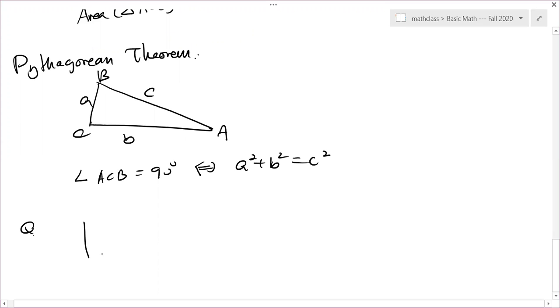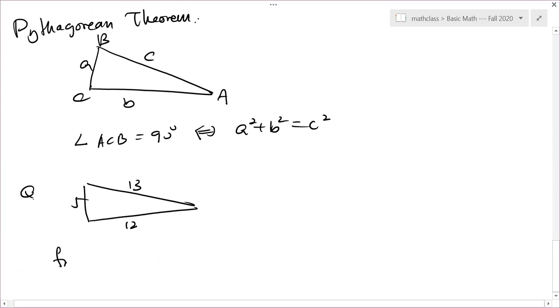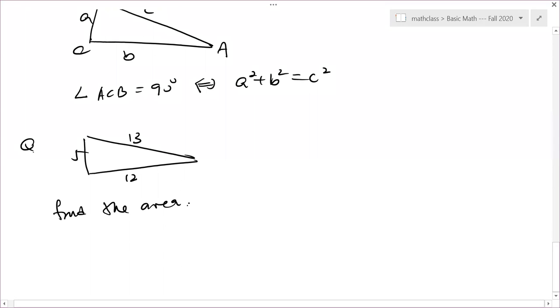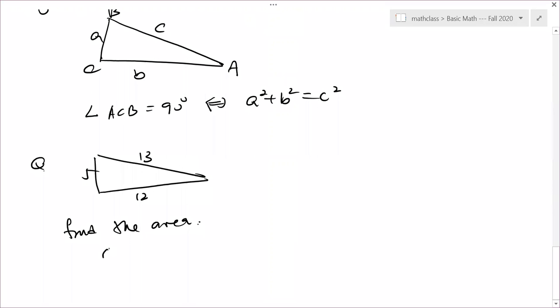So now if you have a triangle with sides 5, 12, 13, find the area. First of all, you have to say this is a right triangle. You will see that 5 squared plus 12 squared is 25 plus 144. It's 169, 13 squared.